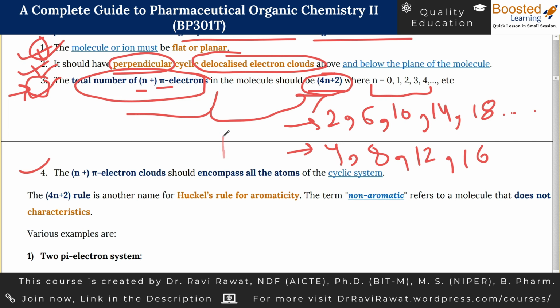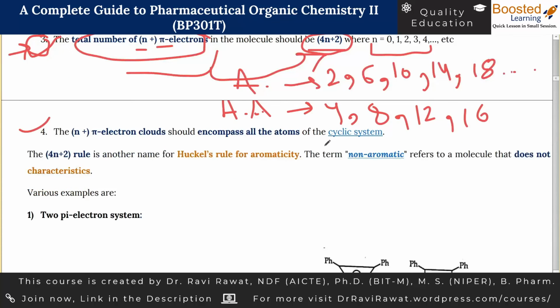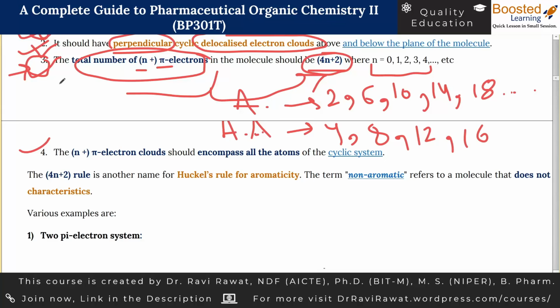This would be for anti-aromatic compounds, and the other is for aromatic compounds. So remember the series of numbers 2, 6, 10, 14 and 18 are part of aromatic compounds, and 4, 8, 12 and 16 are part of anti-aromatic compounds. So this was our criteria number 3.